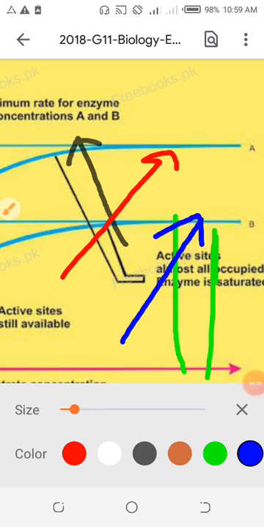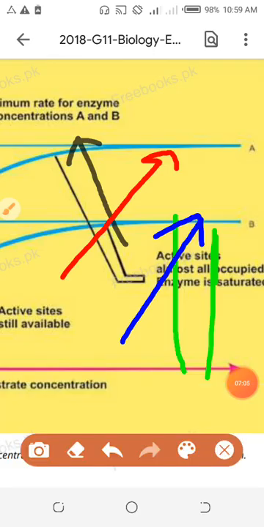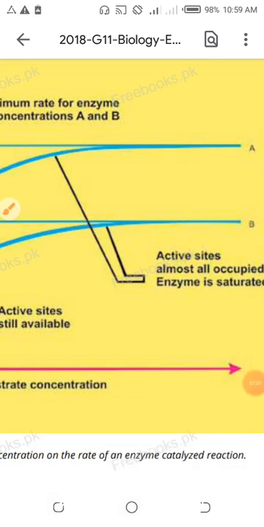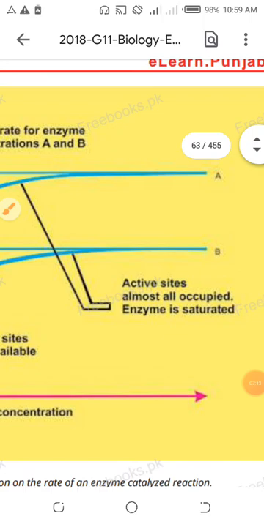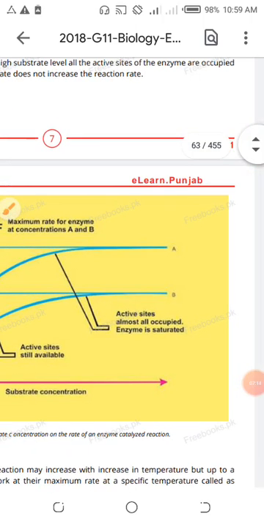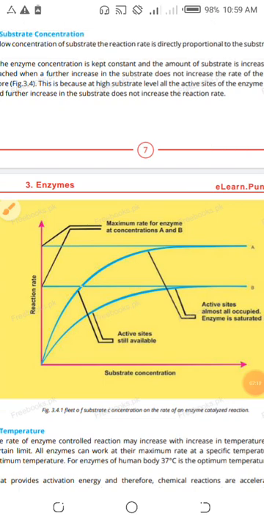So what happens to the rate of reaction? The rate of reaction here is constant. Look, this line is exactly along the, how shall I tell you, just hold on. I minimize the graph and I will show this line.